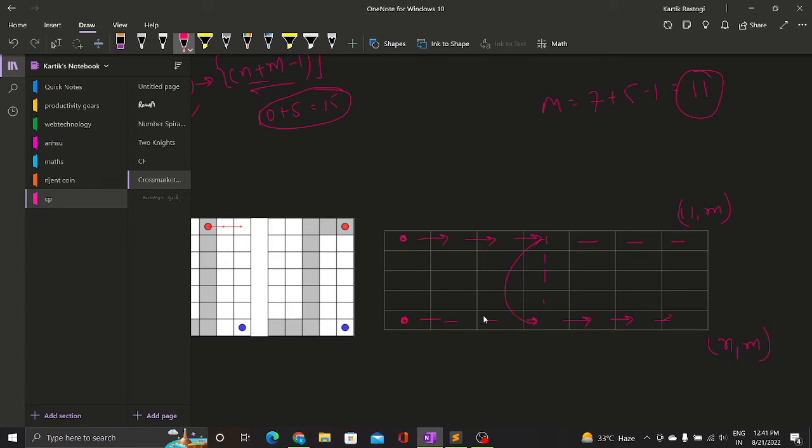Okay, this is 10. So it is 10. It means 7 plus 5 minus 1. This is the number of steps, the number of cells between them. Okay. So 10 steps will be this, and for Stanley it is 1 2 3 4 5 6 7. Okay, plus 7 is equal to 17.